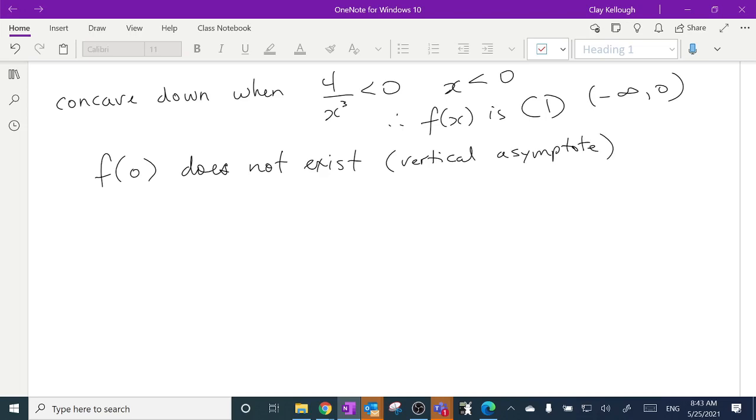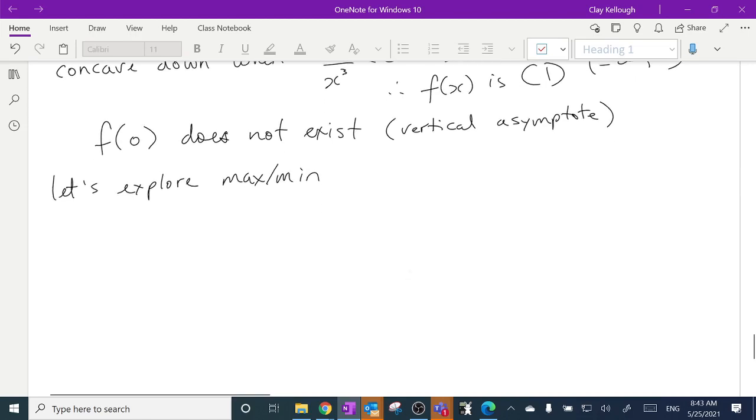So again, while we're at it, let's explore max and min. Let's tie the first couple lessons to this lesson. We know that the critical value of x equals 0 can't be a local max or local min because it doesn't exist there.